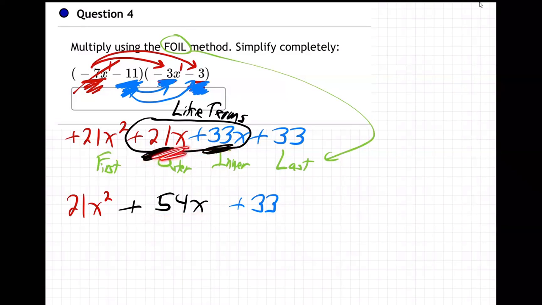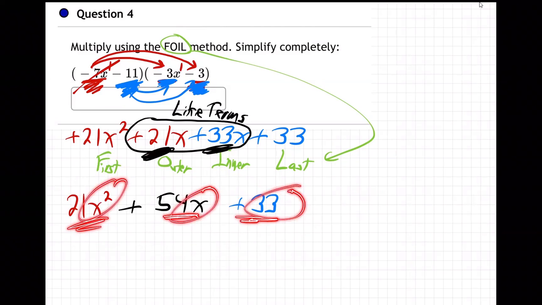These two are like terms because they both have the same letter pattern. They're both just regular x. Whereas the one in the front is x squared, he's different. The one in the back is just a plain number, he's different. And we're done here. That's as far as we go, because these three cannot be added any further because they're all unlike terms. They're different kinds of terms, different powers: x squared, regular x, no x at all. So we're done right there. There we go.